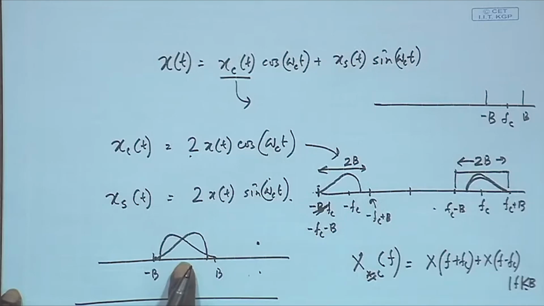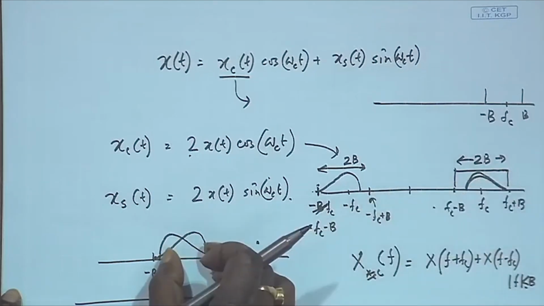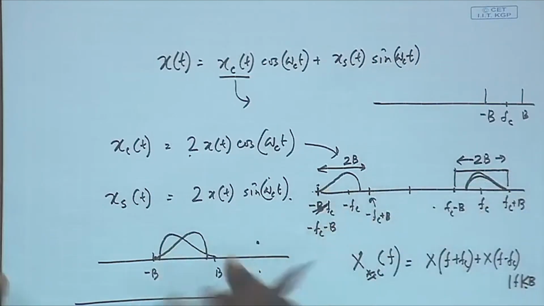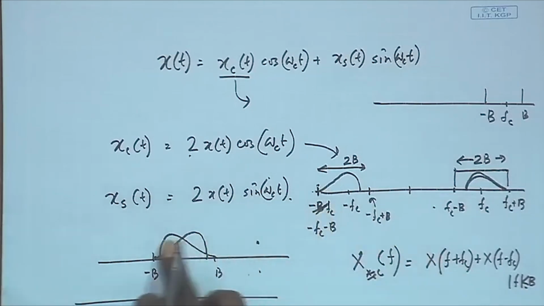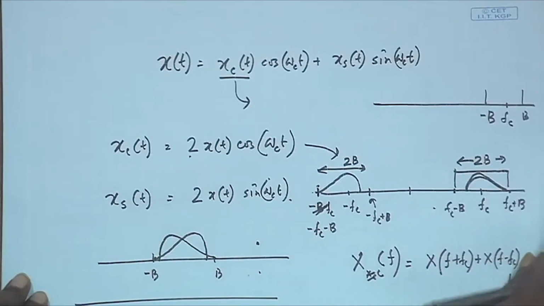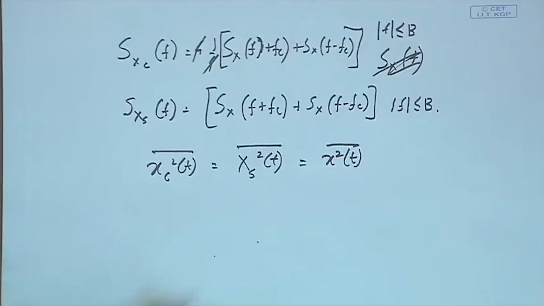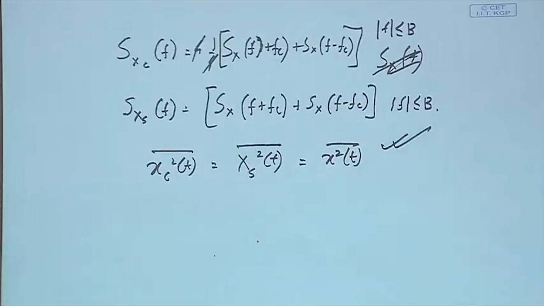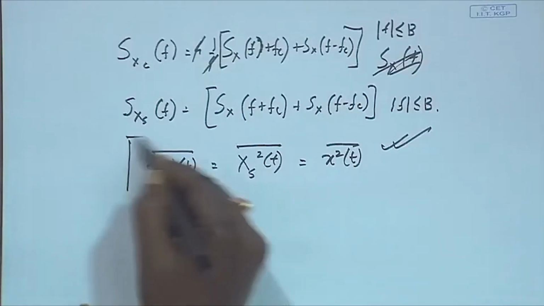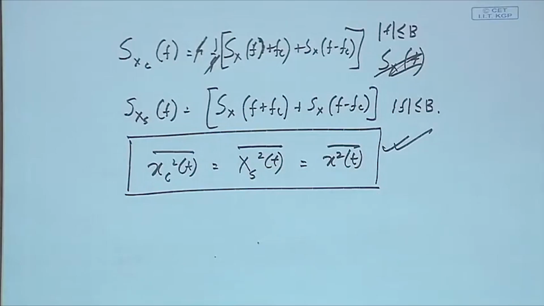The same thing happening over here, it is just this portion is being repeated over here, this portion is being repeated over here without having any attenuation. So, the power spectral density will be just the addition of these two, which is the same. So, therefore, the overall power remains the same for the in phase component, for the quadrature component, as well as the random process that we are talking about. This will always be happening as long as the bands are properly adjusted. Okay.